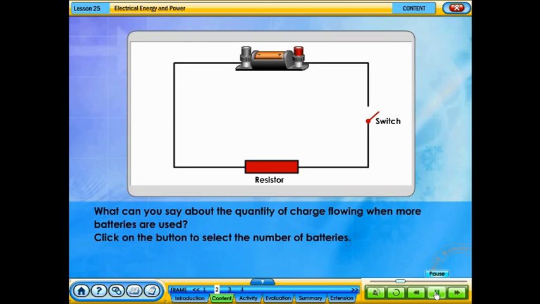What can you say about the quantity of charge flowing when more batteries are used? Click on the button to select the number of batteries.